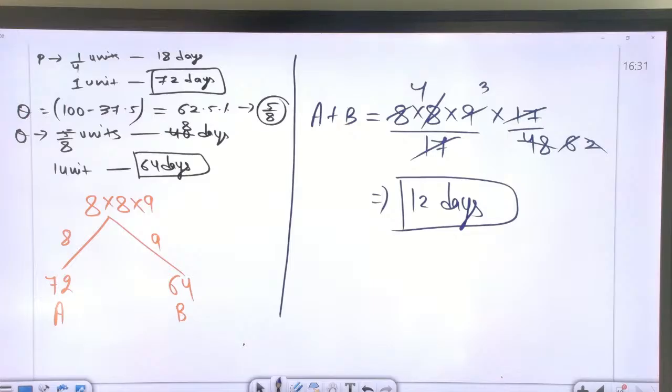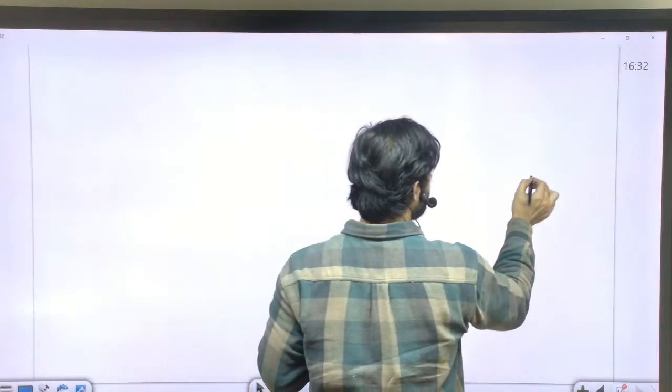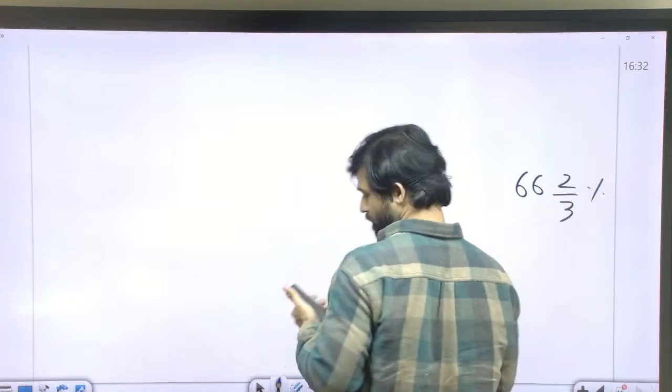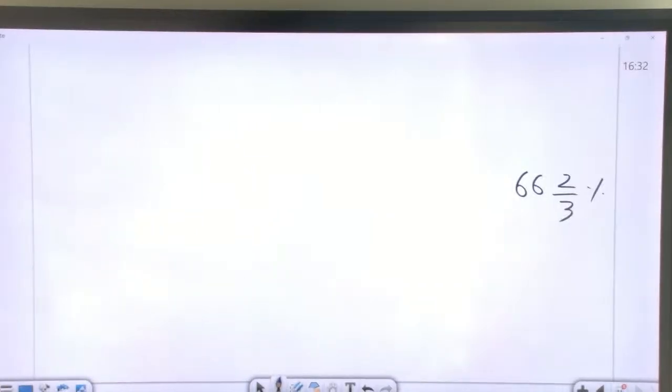If both of them together completed the remaining work in 13 by 5 days, then in how many days can Q alone finish 66 2/3 percent of the same work? This question is from CGL Mains 2022.